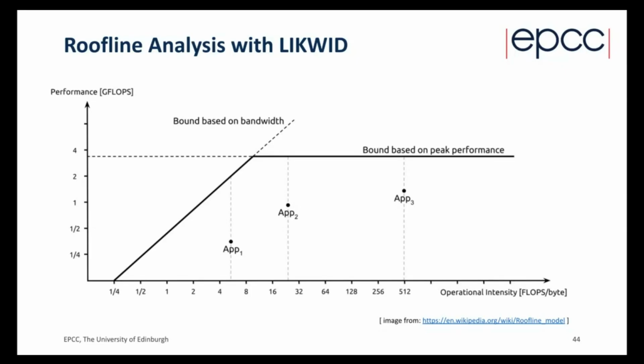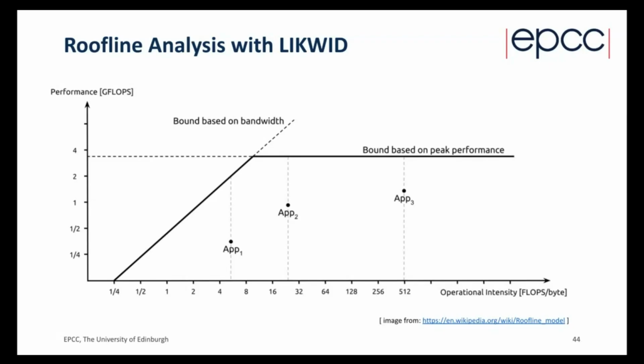For example, app1 is memory bound in this case, and we see that it's fairly far away from the slanted roof, so it would be worth looking into optimizing it and moving it upwards closer to the limit.